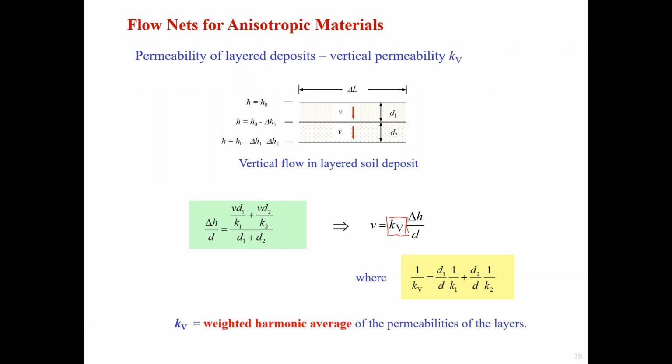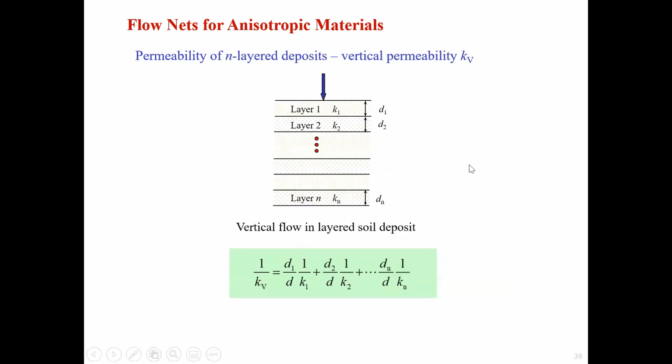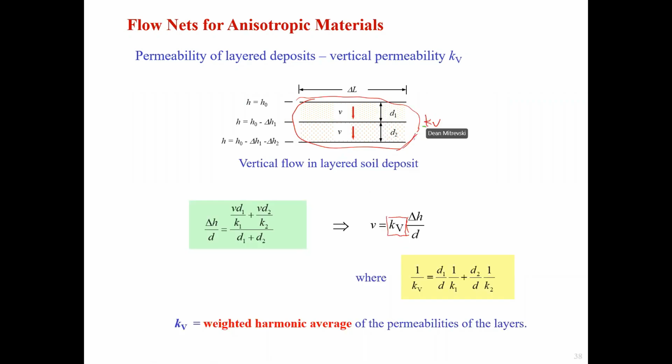And this KV is called the weighted harmonic average of the permeability of the layer system. So this KV is the weighted average of this two-layer system, the weighted harmonic average. This D is D1 plus D2.